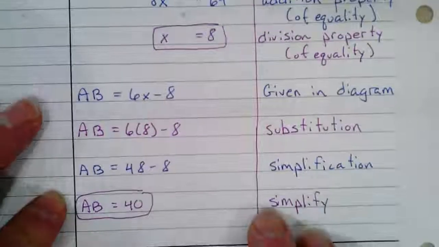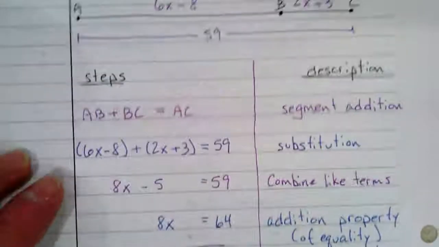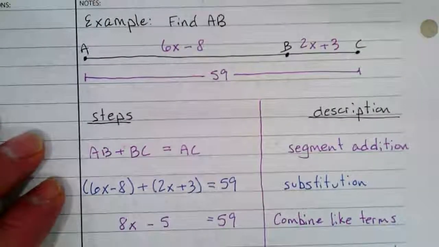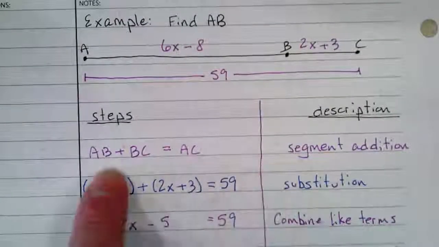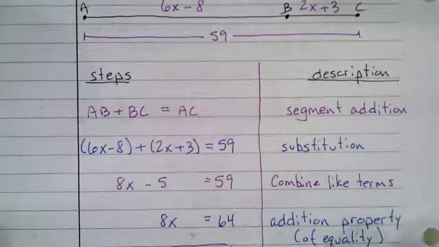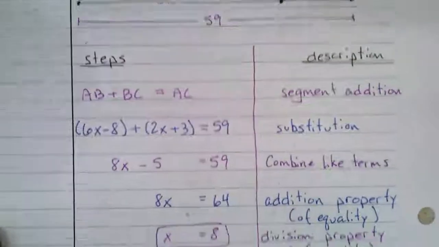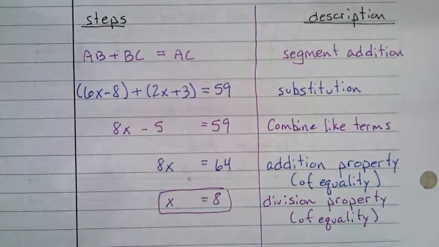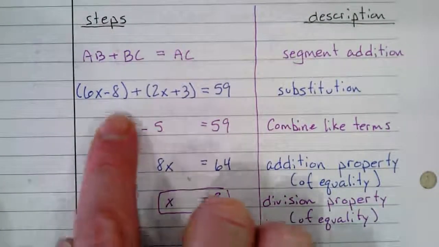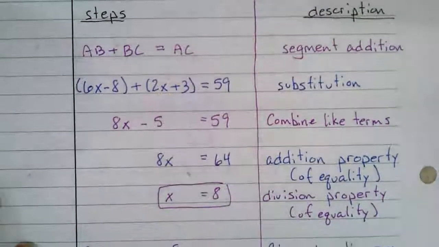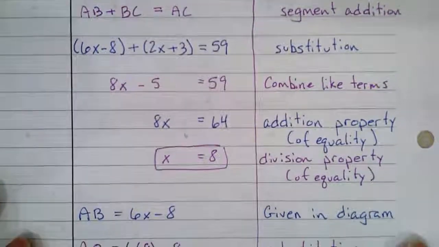So, notice that this second style of problem where we're trying to find a segment length is really just the same. It starts out the same as the original. We start out with our segment addition statement. We substitute our values. And then we basically solve the equation, which might be different every time. Here we had to combine like terms: 6x and 2x became 8x, negative 8 and positive 3 became negative 5.